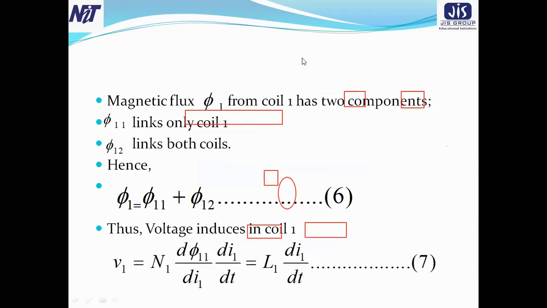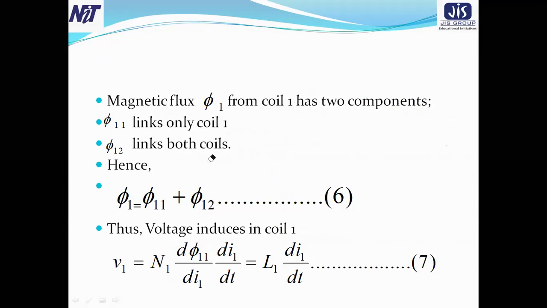Now, the magnetic flux φ1 from coil 1 has two components, φ11 and φ12. Go to the last slide.